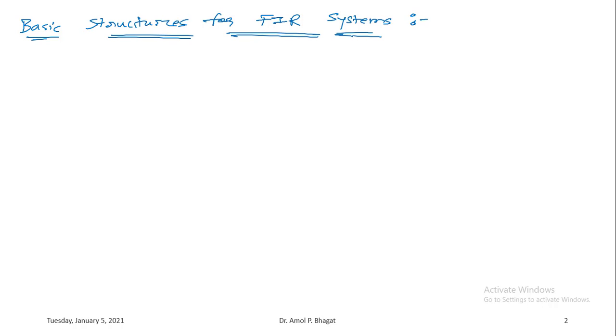The system function of an FIR system whose realization takes the form of a non-recursive computational algorithm may be written as capital H of z equals summation n equals 0 to M minus 1 h of n into z to the power minus n.